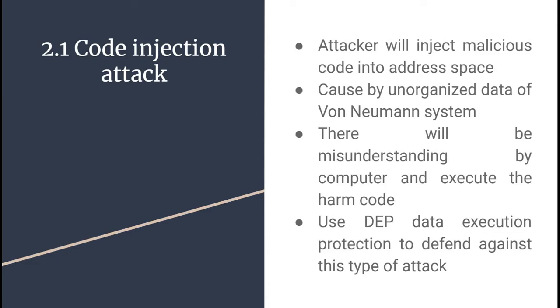So researchers have proposed Data Execution Prevention, DEP, as a defensive measure against code injection attacks. It sets the data part of the process space to be non-executable.